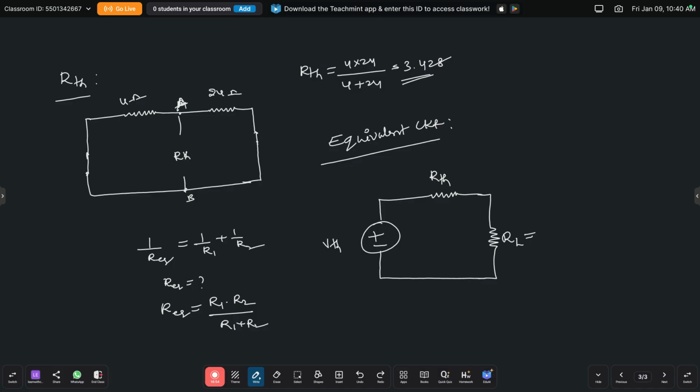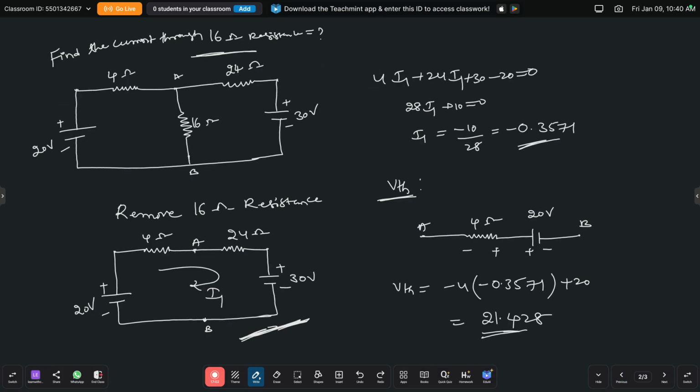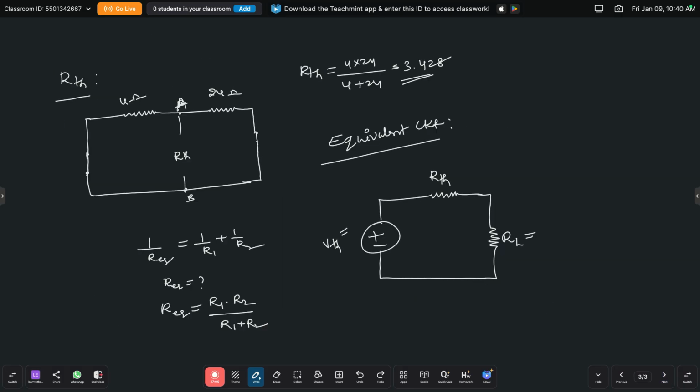So this is the equivalent circuit. Now substitute the values. Vthevenin is equal to 21.428. Then what about Rthevenin? Rthevenin we get 3.428.